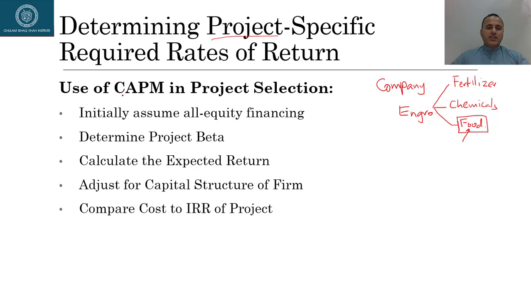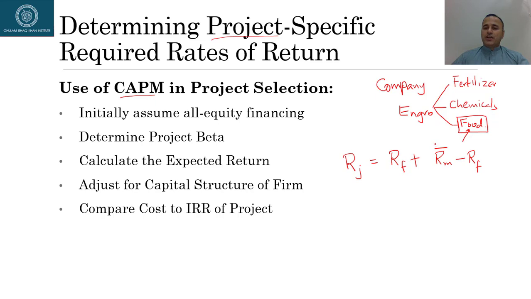If we are using project specific required rates, we use the CAPM approach. If you remember, in the CAPM approach the return of a stock, R_J, is the risk-free rate, R_F, plus the excess return over the market. Let's say the market return is R bar M. M is for market, and this bar is the average return for the market.